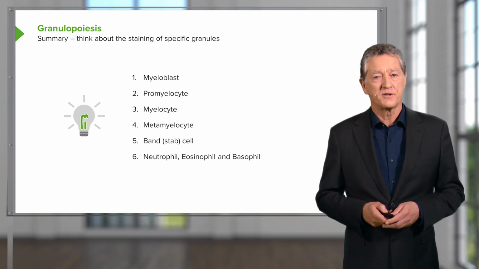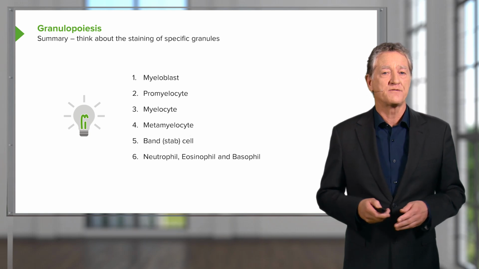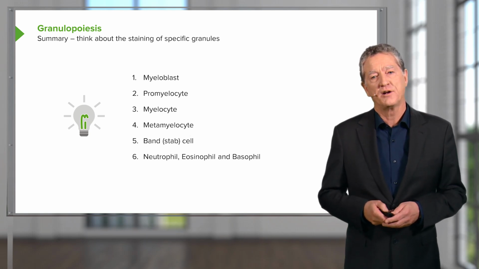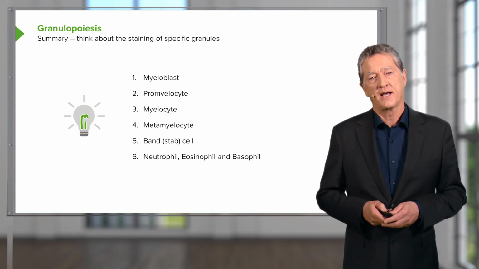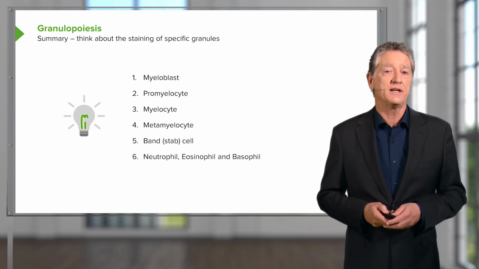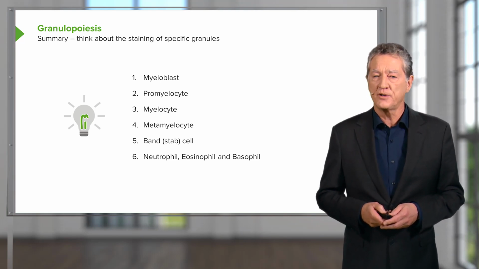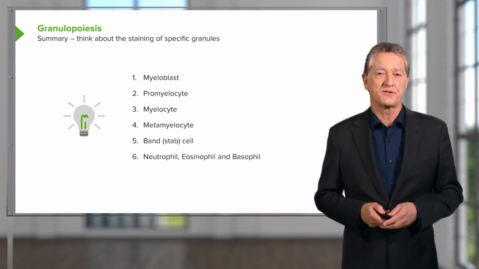So as the cells develop through their lineage, first of all, they go through a process of just generally producing granules. And it's only after the metamyelocyte stage, where they can no longer divide, that the cell then, destined to become one of those three types, goes through the process of forming the specific contents of those granules.